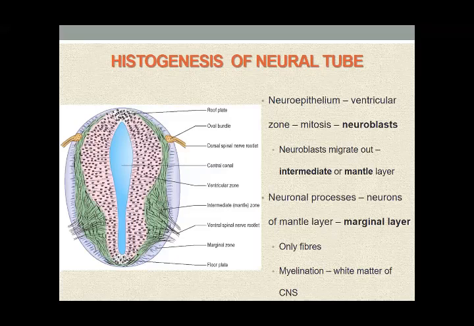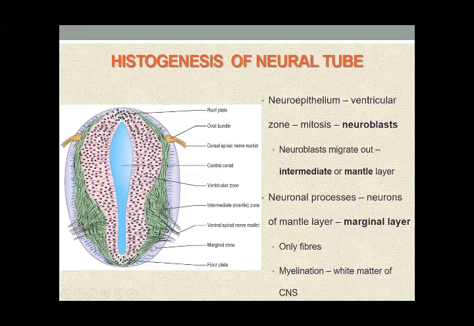Now what happens is this epithelium proliferates rapidly. Rapid mitotic figures appear over here. Because of this, the first cells to develop rapidly are the neuroblasts, the premature cells of neurons.